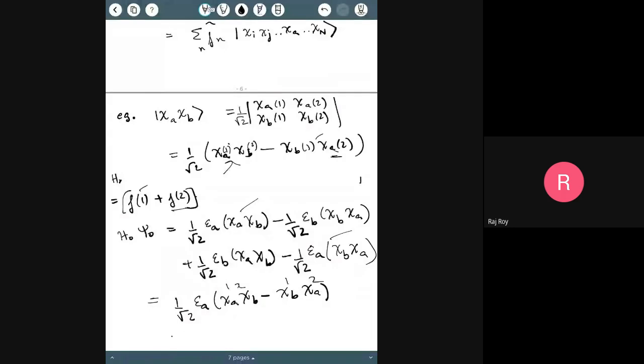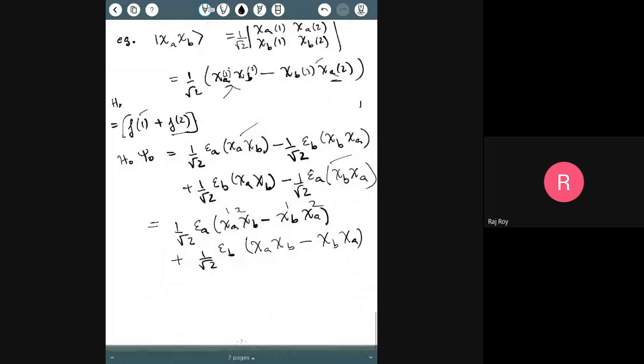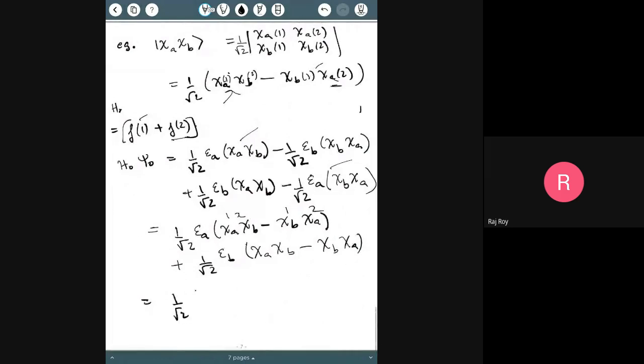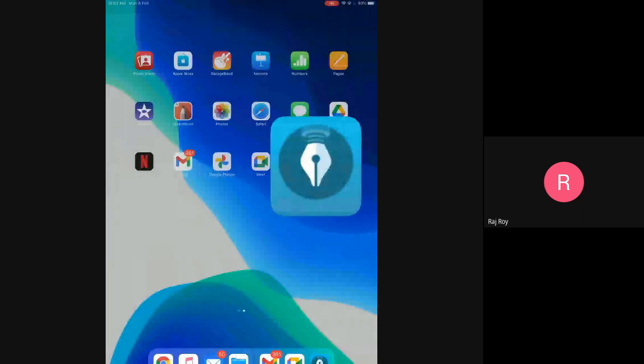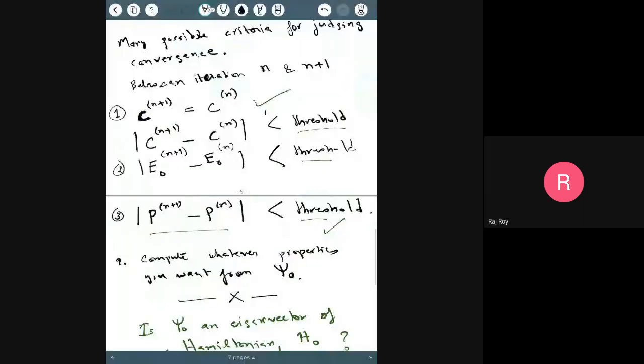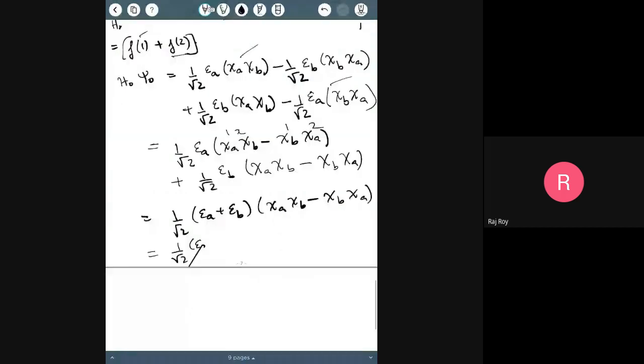And then again you have another term which is epsilon B common and chi A chi B minus chi B chi A. So this is equal to 1 by root 2 epsilon A plus epsilon B chi A chi B minus chi B chi A. That is epsilon A plus epsilon B and the determinant chi A.